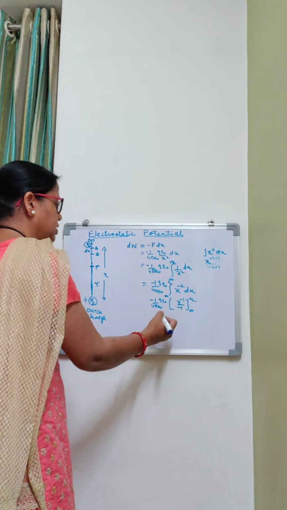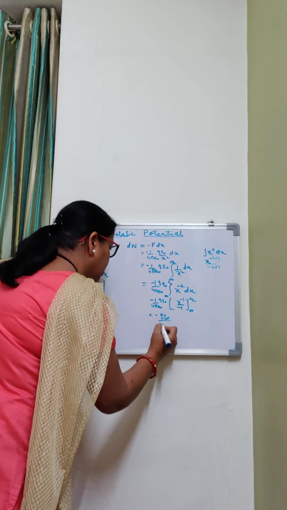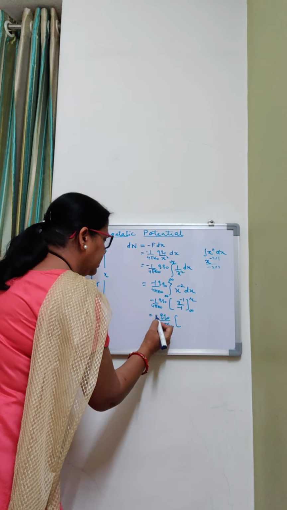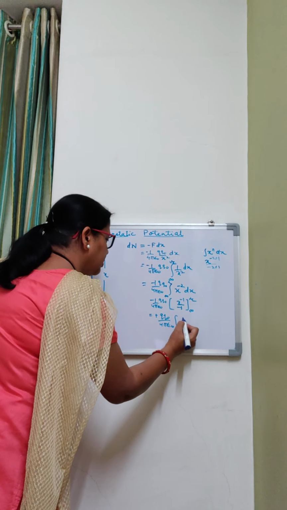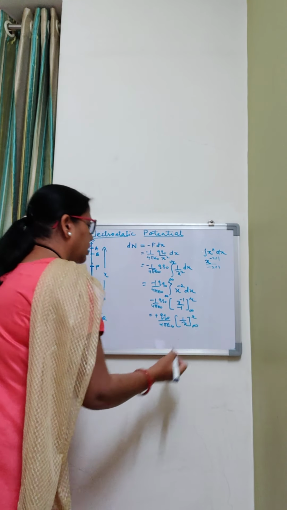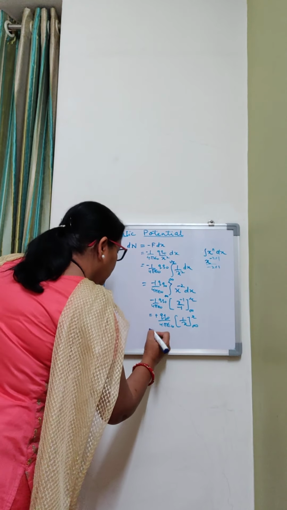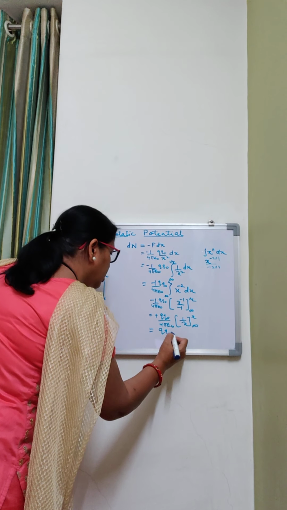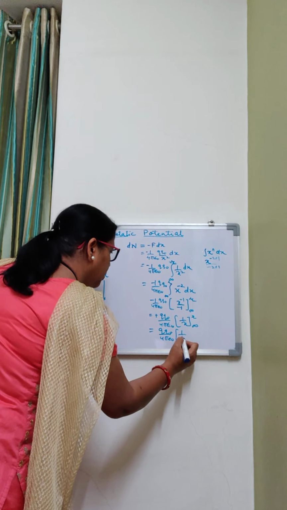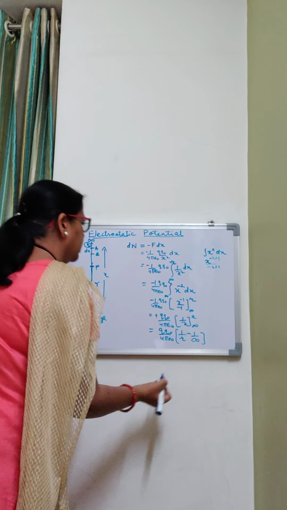Now if you simplify this, then we will get minus Q into Q naught upon 4 pi epsilon naught. This minus sign we can take outside, so this becomes plus, and 1 upon x. Now we will put the limits. This is a definite integral. So now we will get Q naught upon 4 pi epsilon naught, upper limit is 1 upon r minus 1 upon infinity.